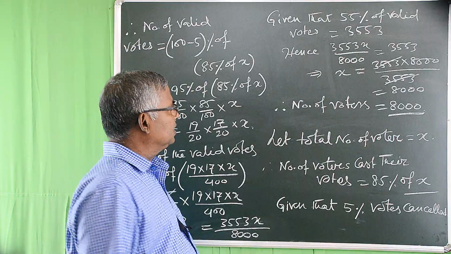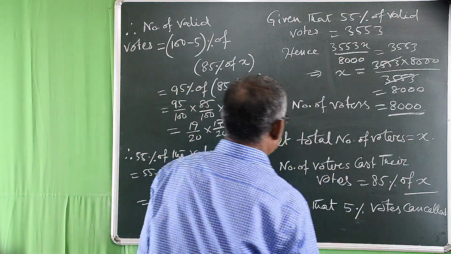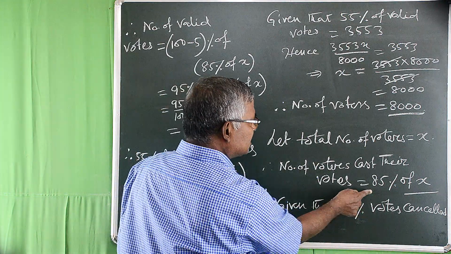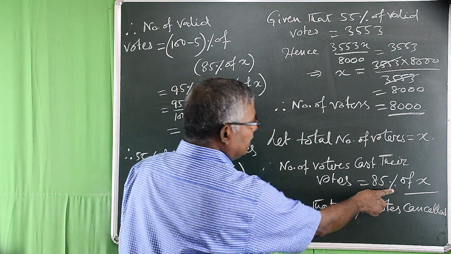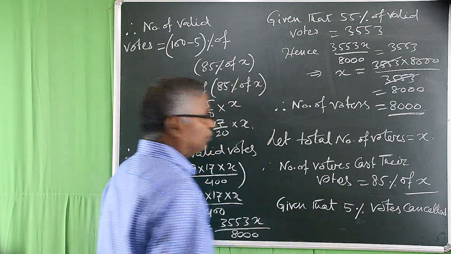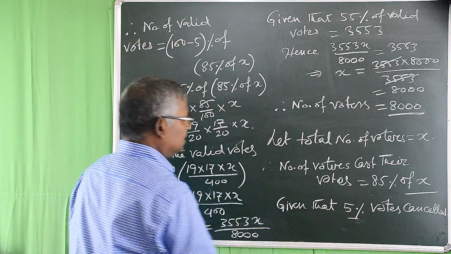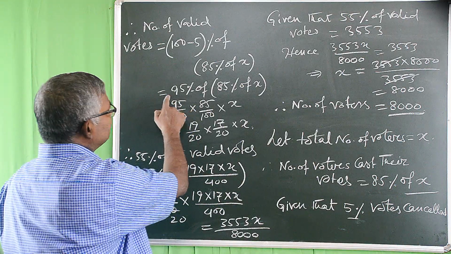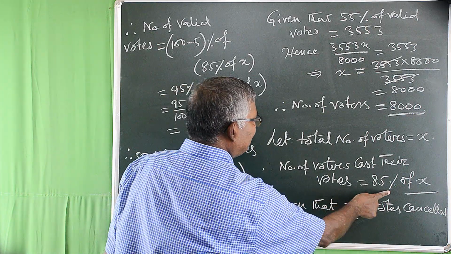Students, let number of voters equal x. Since 85% of the voters cast their vote, the number of votes polled equals 85% of x. Given that 5% votes were cancelled, 95% votes are valid, that is 95% of 85% of x.